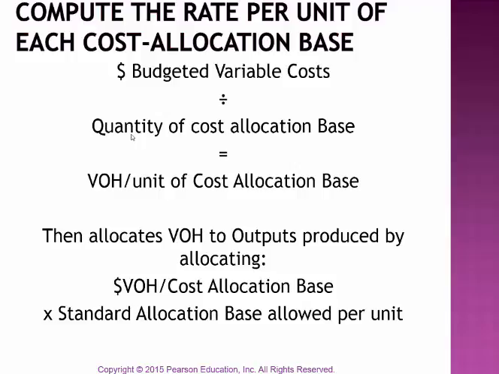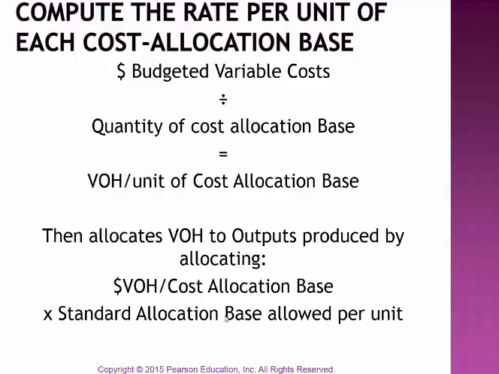Okay, now that's what you have to make sure you've got straight. When we allocate it, it is by the standard allocation base allowed per unit. This is what's going to allow us to check how efficiently we're producing. We are expecting so much per unit.